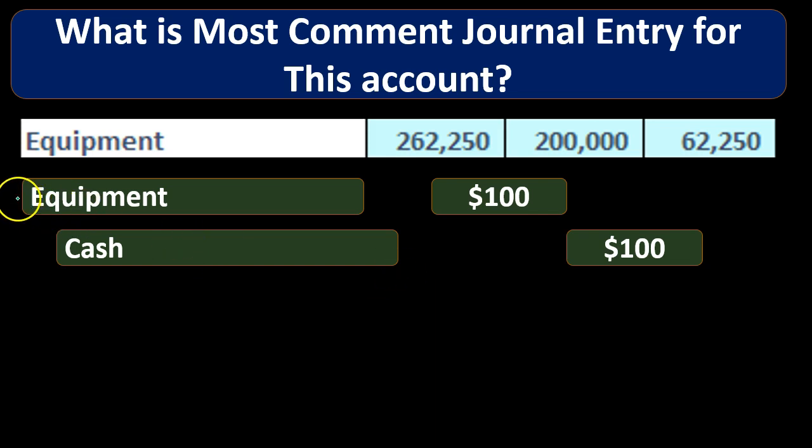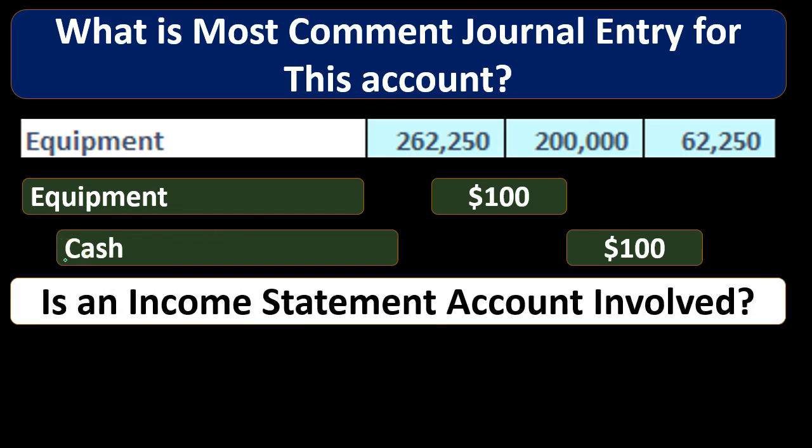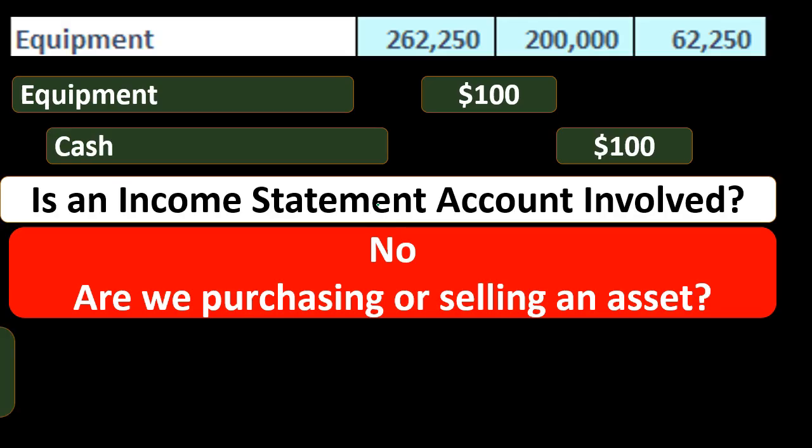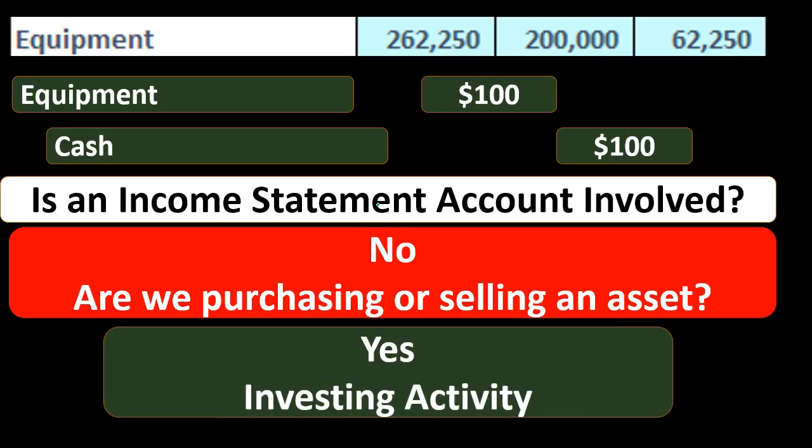One asset went up, the other asset is going down. So therefore, is an income statement account involved? No. So we're purchasing, so it's not going to be an operating activity. And then the next question is, are we purchasing or selling an asset? In this case, yeah, we're purchasing an asset. And that means that it's going to be an investing activity.